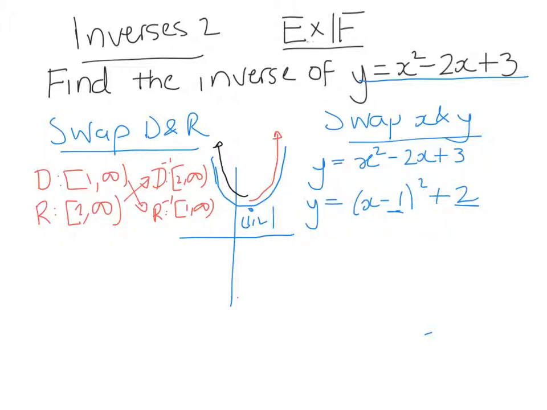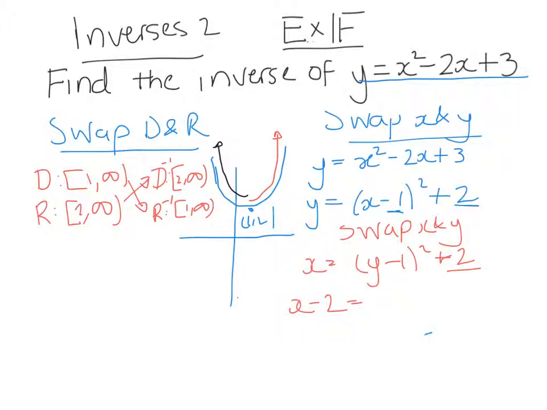If we swap the x and the y over here, we'd end up with x is equal to y minus 1 squared plus 2. We could change that plus 2 across to the other side by changing it to minus 2.